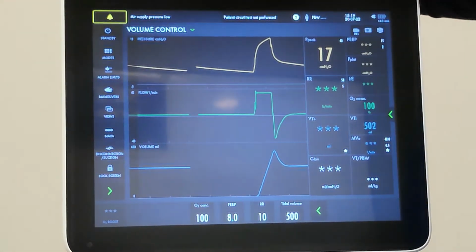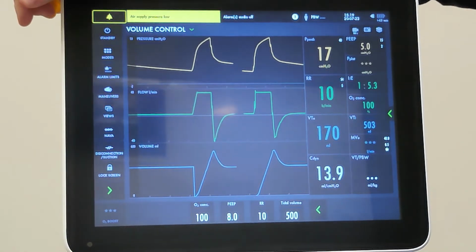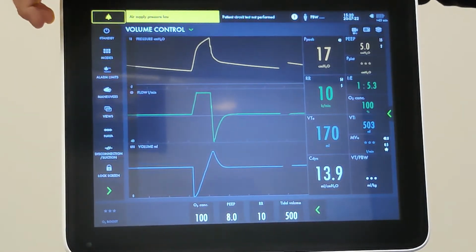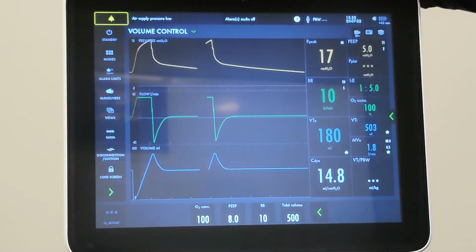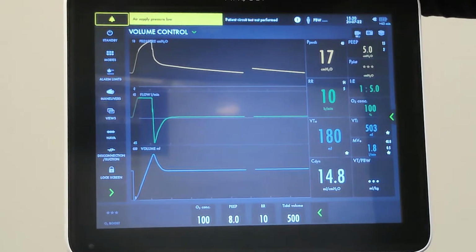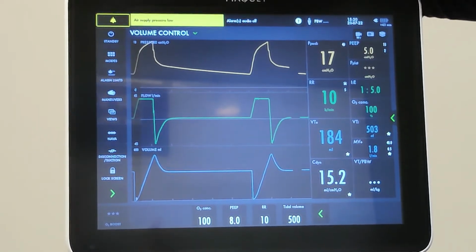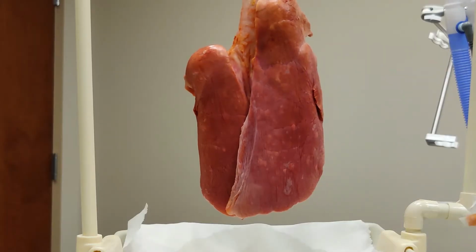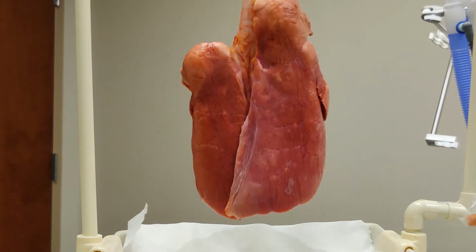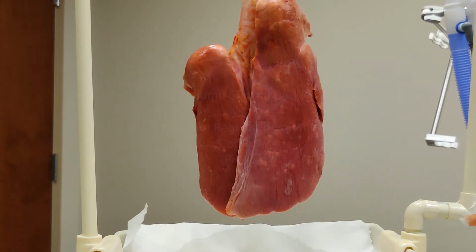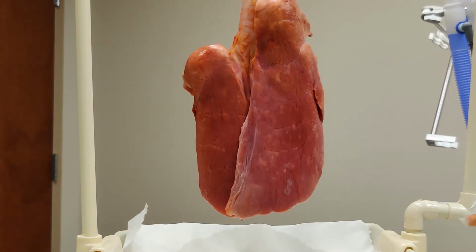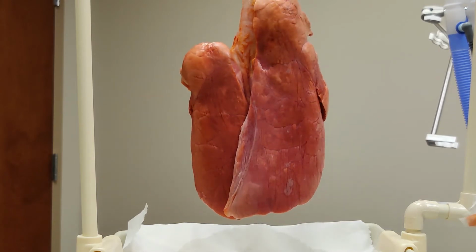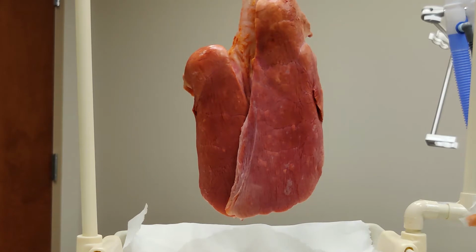The only difference between volume control and PRVC, pressure regulated volume control, is that in pressure regulated volume control, we're targeting the volume, but the machine is auto setting the pressure to meet that volume. Okay, so now here we have the lungs on volume control. In PRVC we're targeting a tidal volume and not mandating that tidal volume.